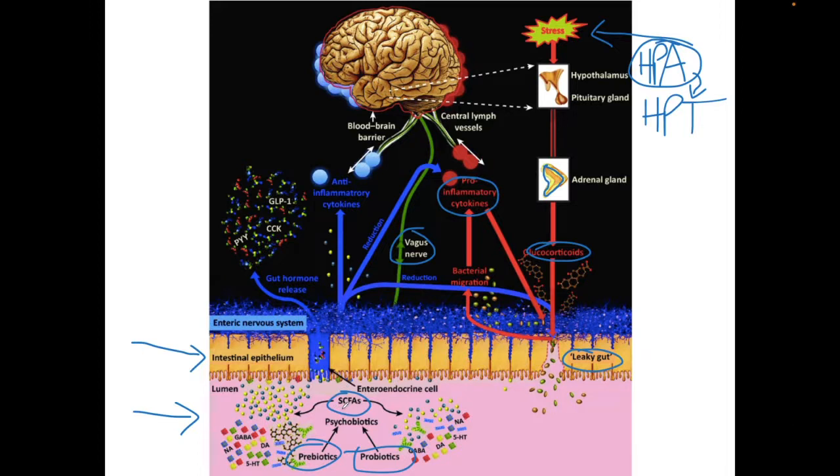So these short chain fatty acids are very, very good for those tight junctions, and glutamine and zinc and vitamin A, they all help to heal the epithelium. But the good bacteria can create these anti-inflammatory cytokines. Those anti-inflammatory cytokines can reduce the pro-inflammatory cytokines.